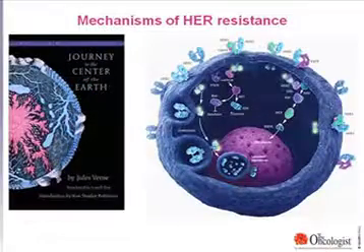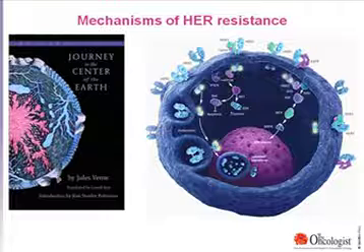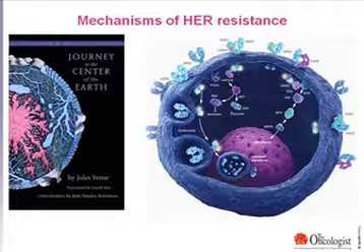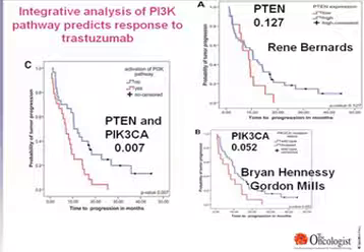Since we are in France, I could not resist the analogy, and I think in the case of HER2 resistance, in a similar fashion as Jules Verne wrote this beautiful book of A Voyage to the Center of the Earth, I think that in the case of HER2 resistance, if we want to find some of the mechanisms, perhaps we have to initiate a voyage to the center of the cell. If it works, that's the proposition here. And in the center of the cell, what we have is the PI3 kinase pathway. And now we have data that support this.